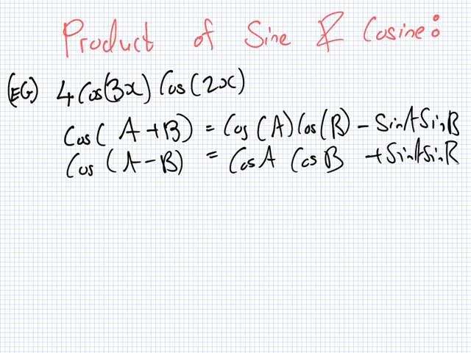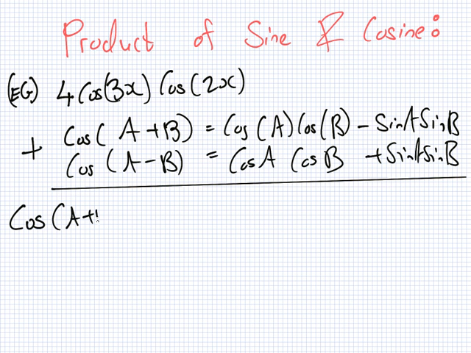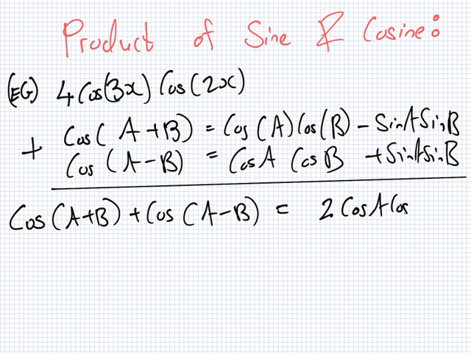Now why are those two rules useful? There's a little trick you can do here. If you add these rules together, you get cos(A plus B) plus cos(A minus B) equals 2 cos A cos B. That's pretty close to my question, except instead of 2 cos A cos B, I have 4.